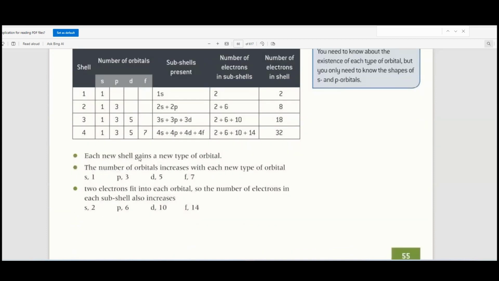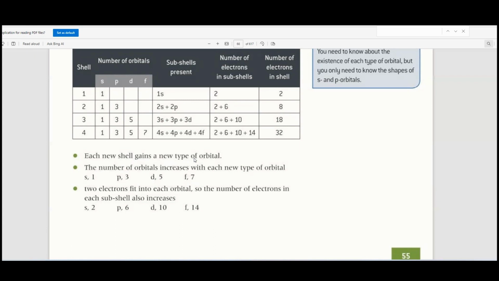Each new shell gains a new type of orbital. So new type of orbital means that the previous one had a P, and the third shell will have a D orbital as well.